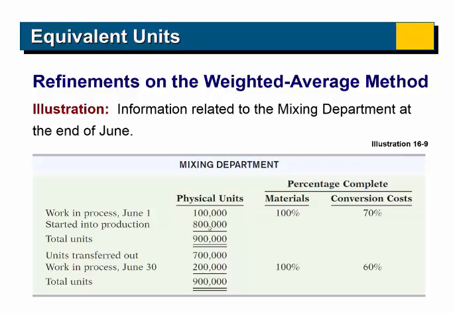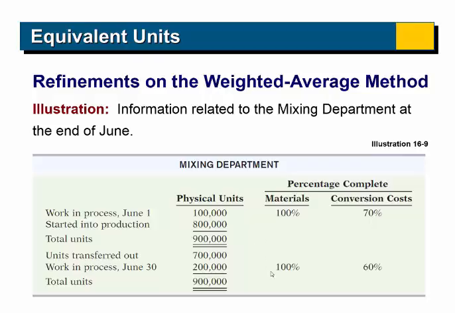We have got 100,000 units that came over from May that were only 70% of the way converted. Therefore, they need to be converted the rest of the way.